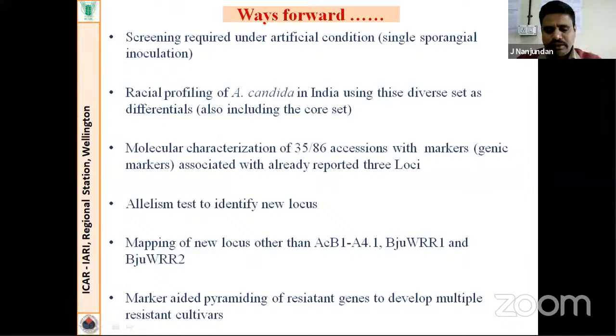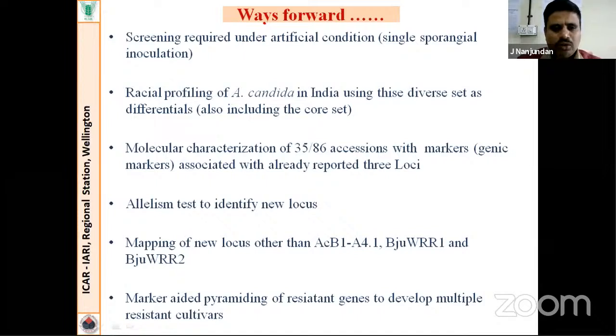Having identified these germplasms, the way forward is, first, we have to precisely screen these germplasm under artificial conditions through single sporangium. Only then can we differentiate the 3 isolates occurring at Wellington. Then racial profiling of Albugo candida in India has not been systematically done, only isolated work is happening, and that needs to be done.